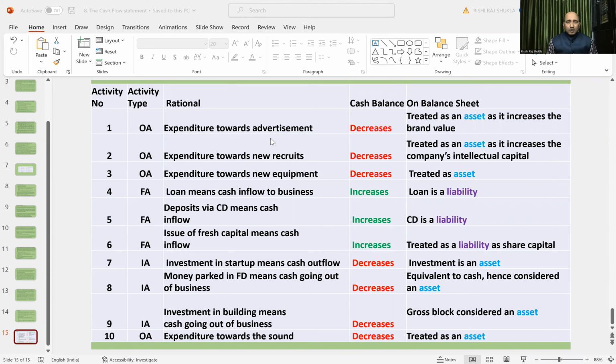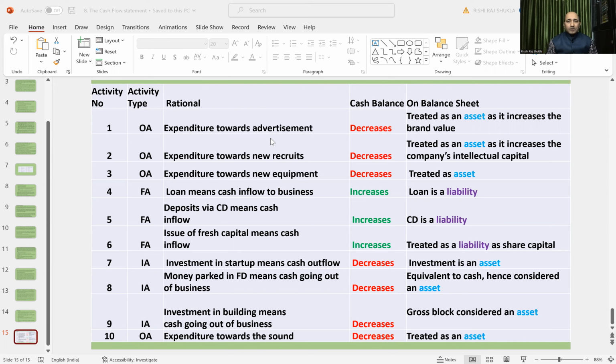Second, expenditure towards new recruits like the cook. This will decrease cash, but this will be treated as an asset because it increases the company's intellectual capital.